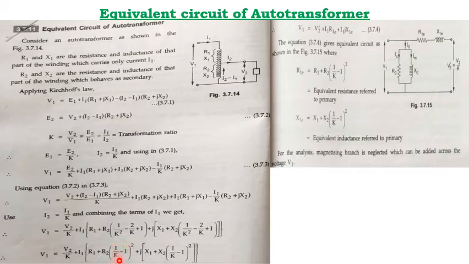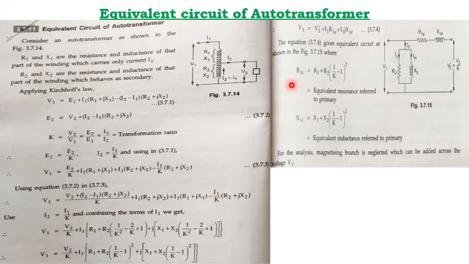This is nothing but (a minus b) whole square. The remaining you just keep as it is. Now similarly here also, just keep (1 minus K) by K, or (1 by K minus 1), whole square. Again if you go for further simplification, you get the same value.